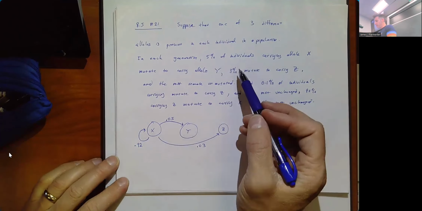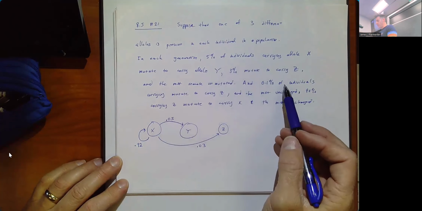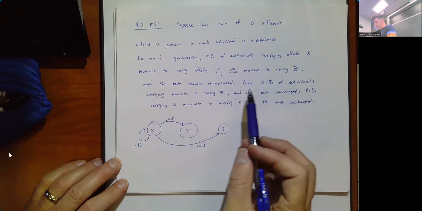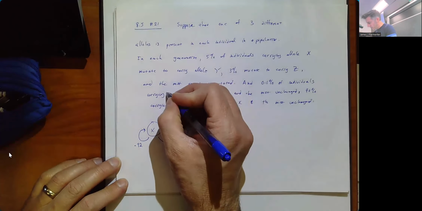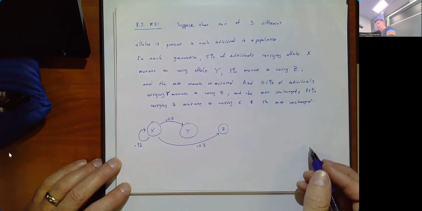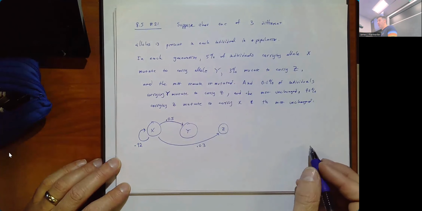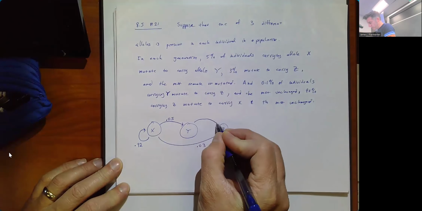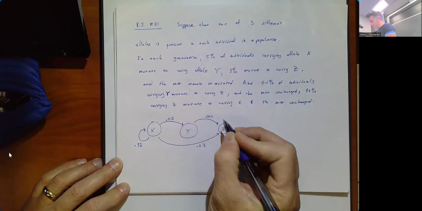And then 0.1% of individuals carrying Y mutate to carry Z. I forgot to write the Y there. So 0.1% is 0.001. So from Y to Z, 0.001.